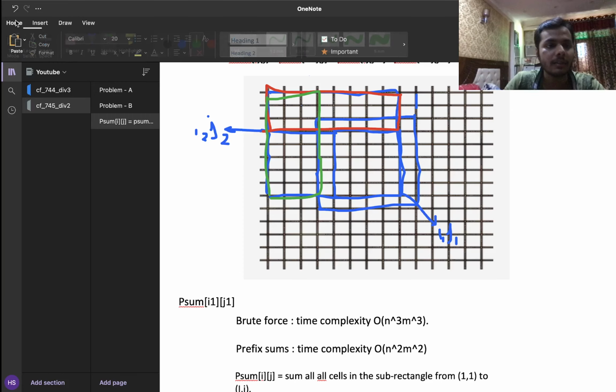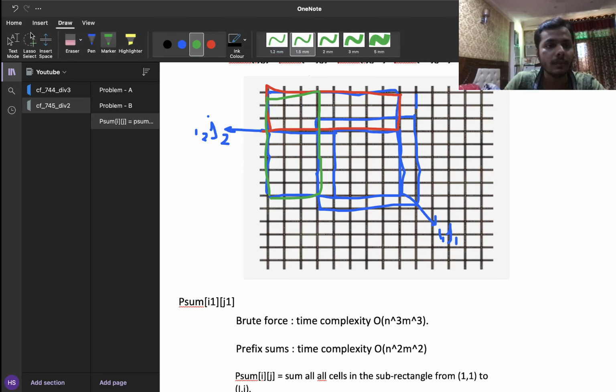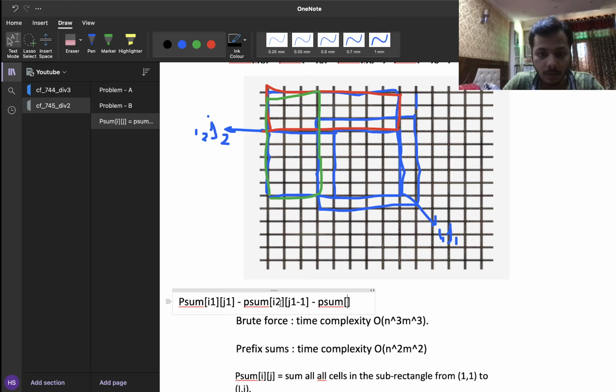Okay, so that is going to be nothing but prefix sum of I1 J1, and from that we will be subtracting this red region, and that is going to be prefix sum of I2, and this is J1 minus 1, and from this I will be subtracting this green region which is going to be prefix sum of, this is I2 minus 1 and J1, and this is going to be I1 and J2 minus 1, right?